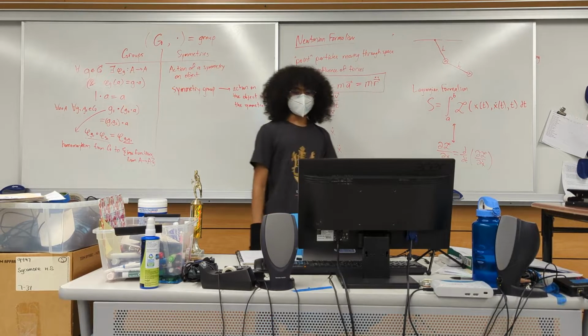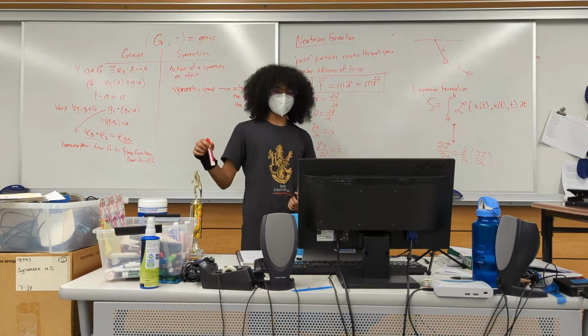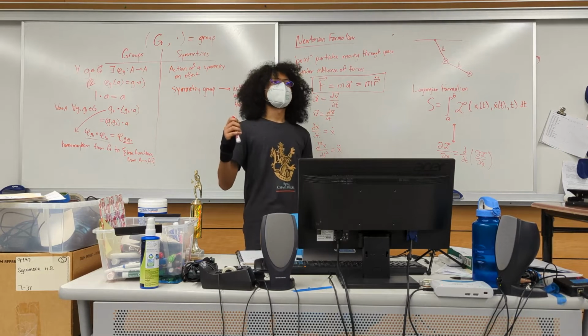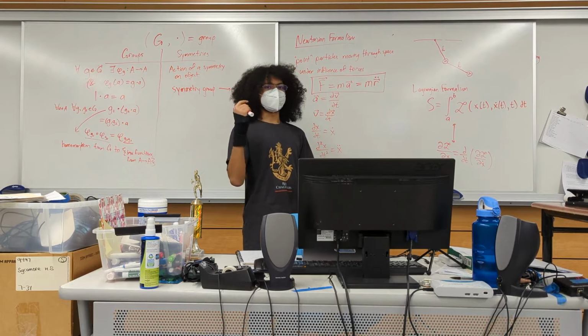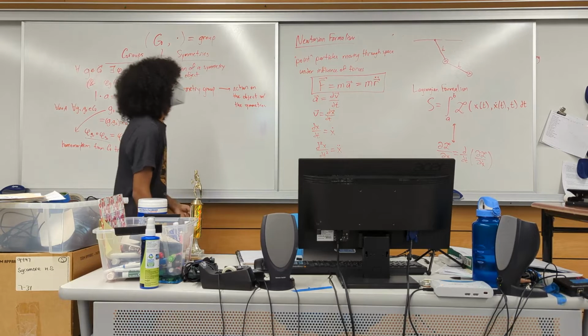And that is also connected to what I was saying, that rotations not commuting tell us that if you rotate the angular momentum in a different direction, then it changes the angular momentum. So these are all kind of related.